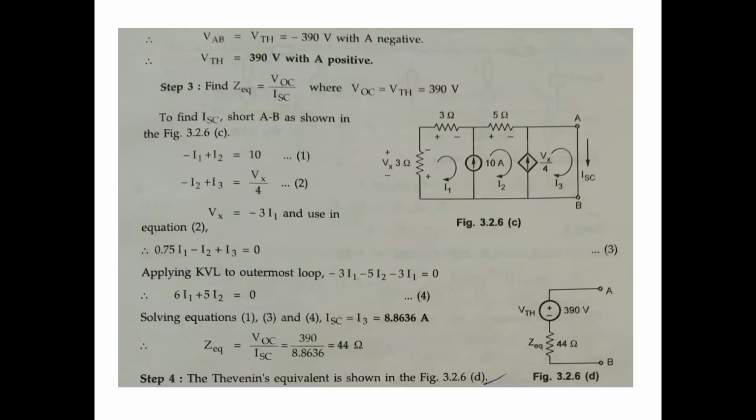We get the I3 value. Only I3 is required, because short circuit current equals I3. That is 8.8636 amps.